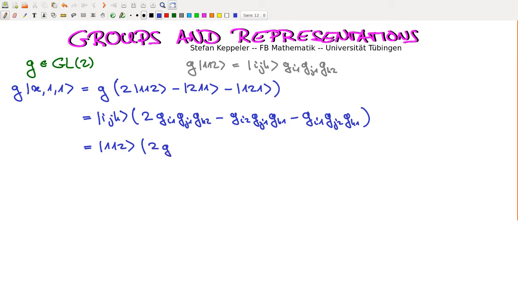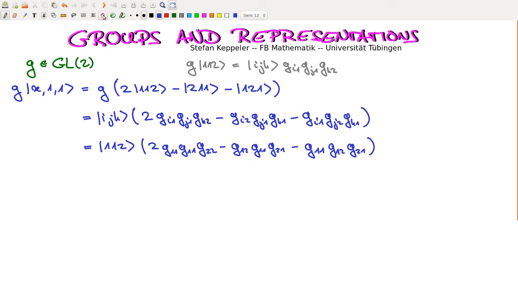So now we have twice G11, G11, G22, minus G12, G11, G21, minus G11, G12, G21. So these are all matrix elements of our GL2 matrices.